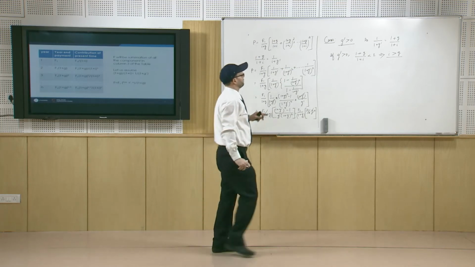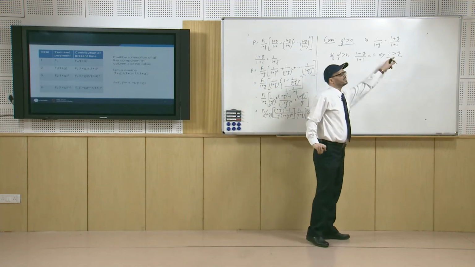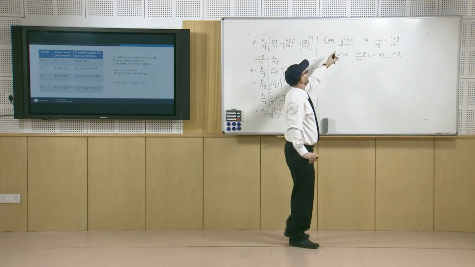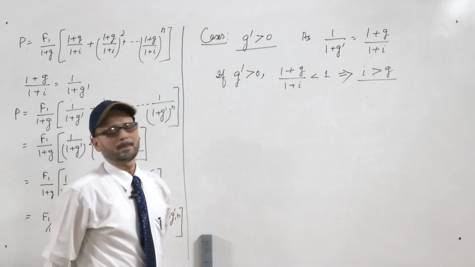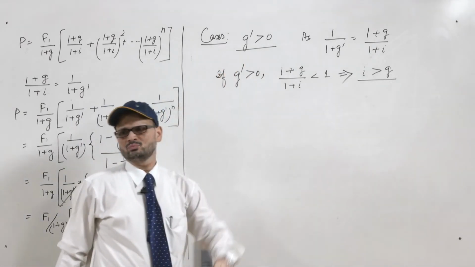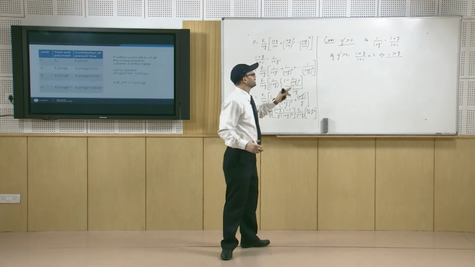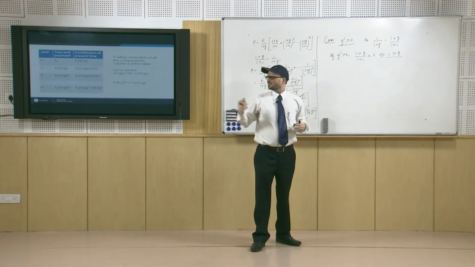So, whenever you have i more than g, the g prime value will be a positive value, and you can find the value using the normal equation.